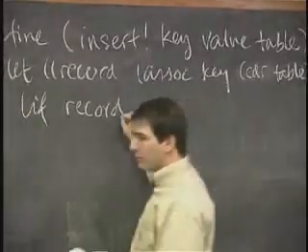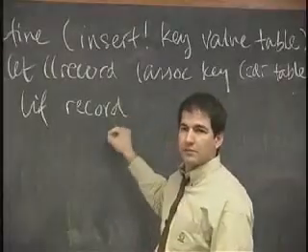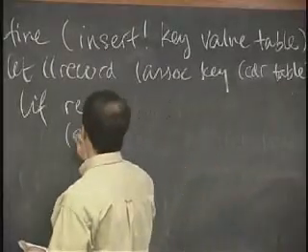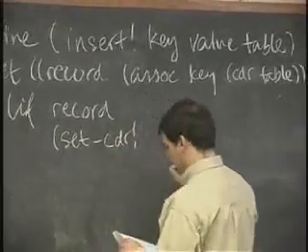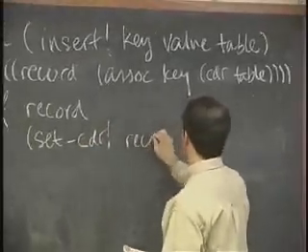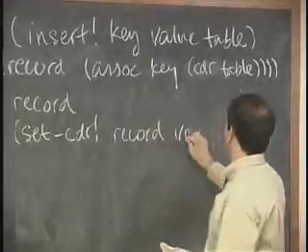If the record is found, we want to mutate the contents that are there. So we do set-cdr! of record and value.